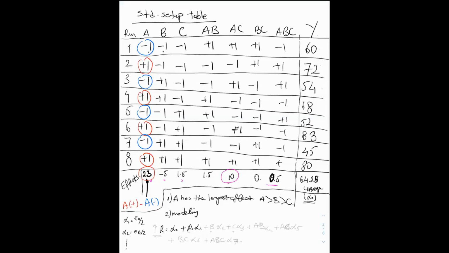So the system response model is going to be alpha 0 plus A times alpha 1 plus B times alpha 2 plus C times alpha 3 plus AB times alpha 4 plus AC times alpha 5 plus BC times alpha 6, and finally ABC times alpha 7.